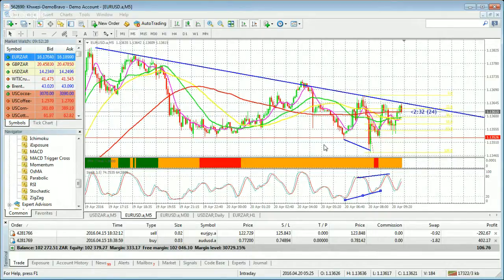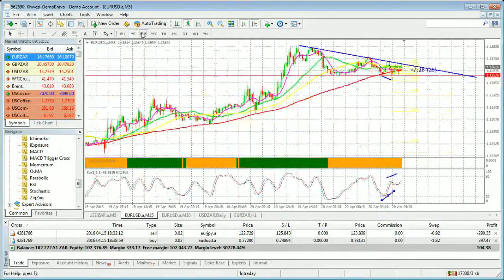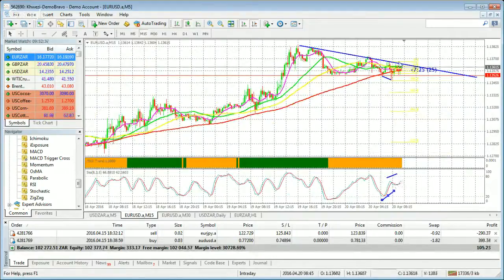Big push down now. Okay, let's see what's happening on the 15 now. Wanting to turn. It's down, it's down. Nothing there.